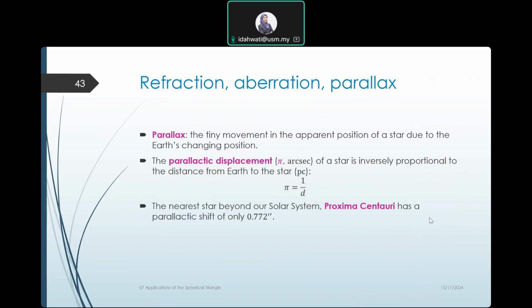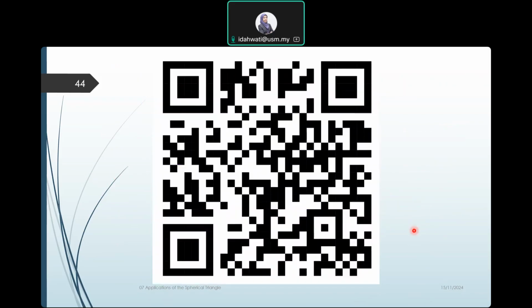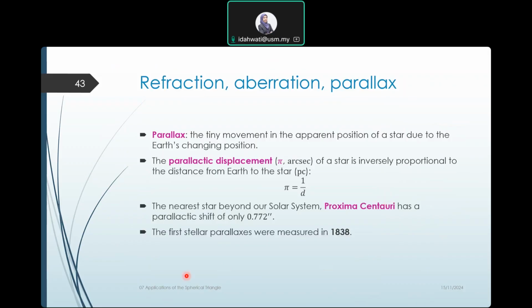The nearest star beyond our solar system is Proxima Centauri, and it has this parallactic shift. The first stellar parallax was measured in 1838.